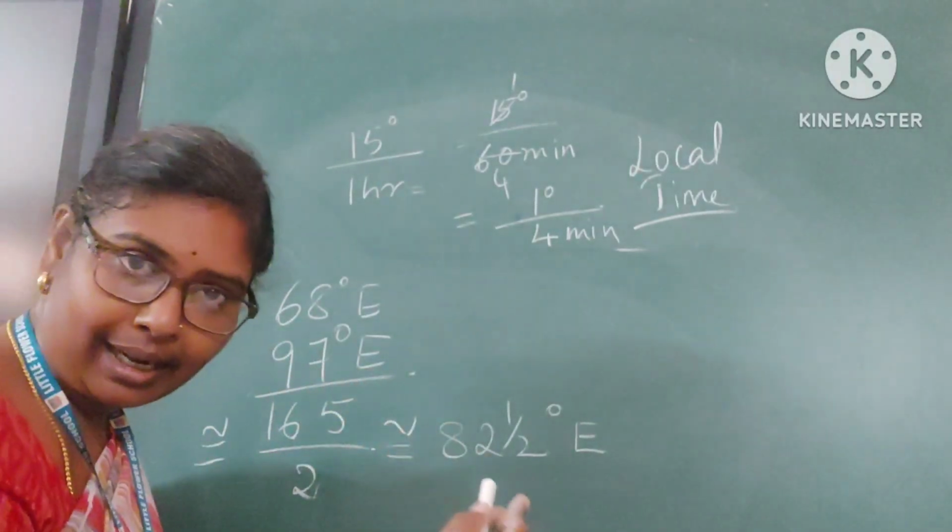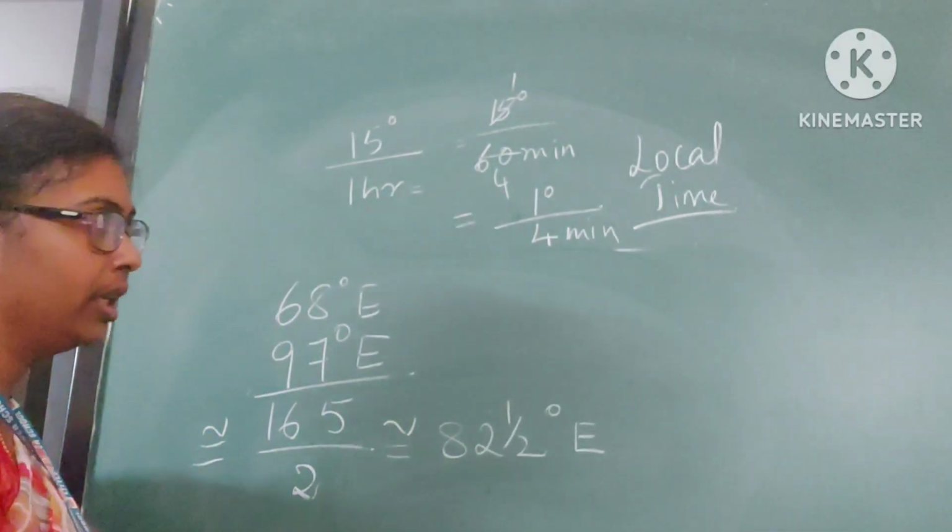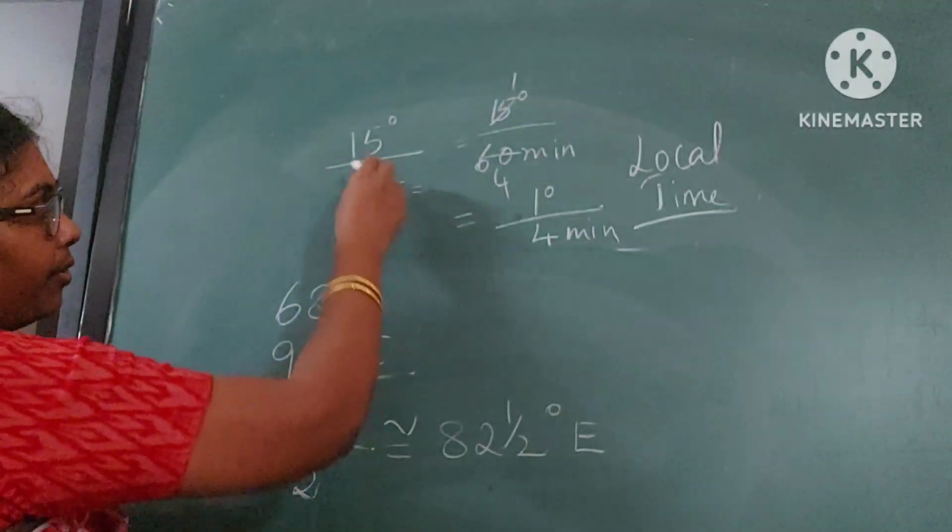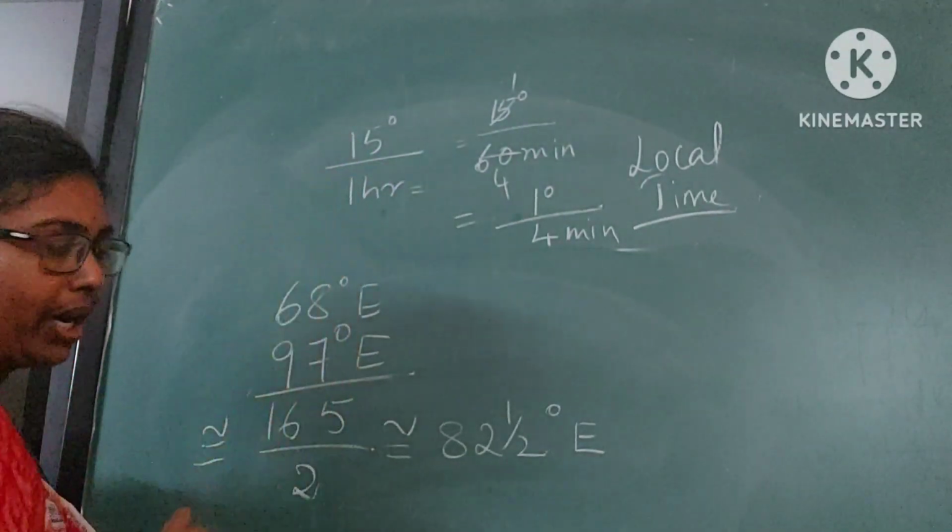Now to calculate our standard time, what do we need to do? We know that for every 15 degrees it is 1 hour.